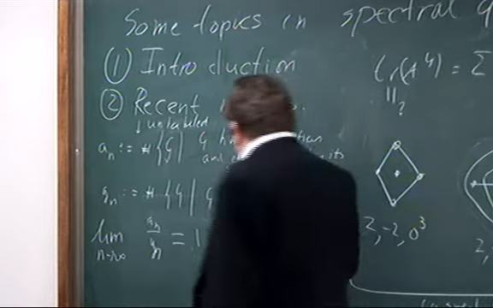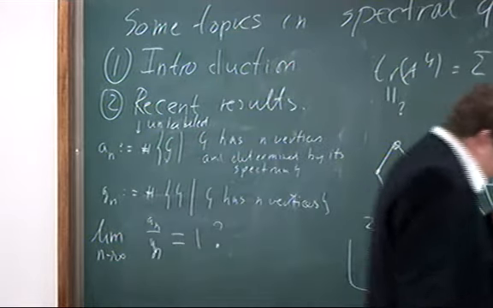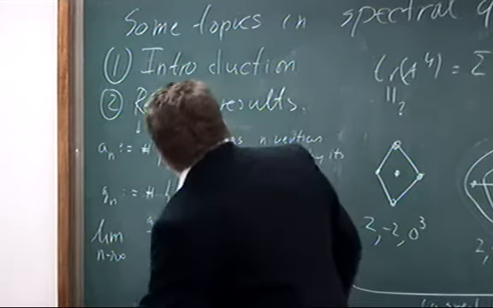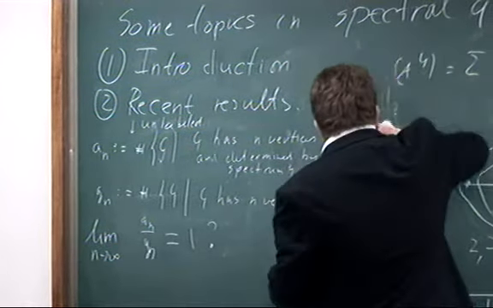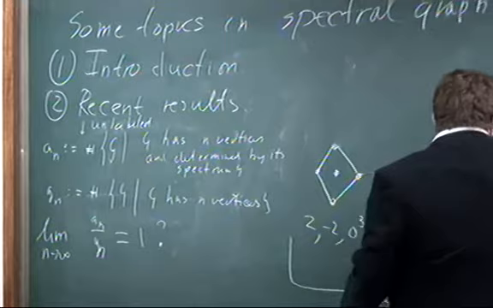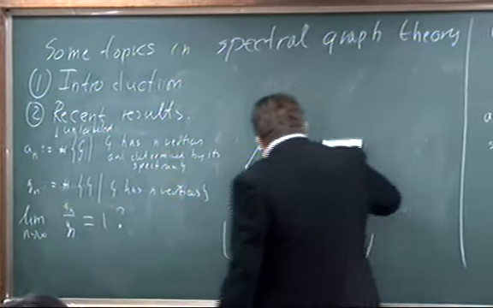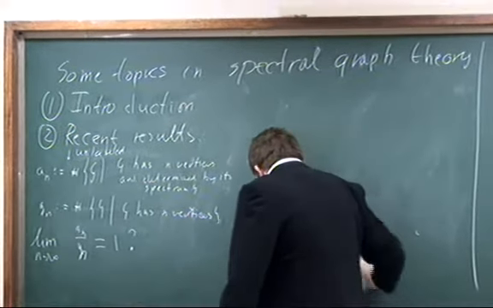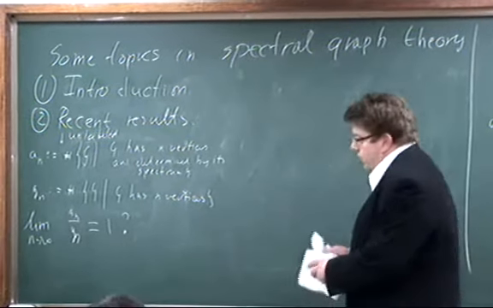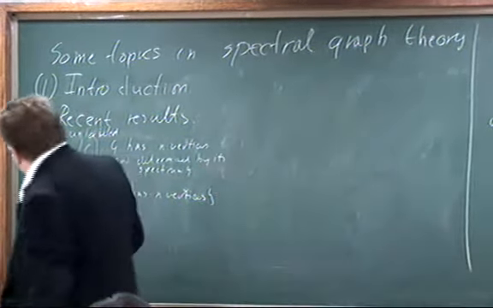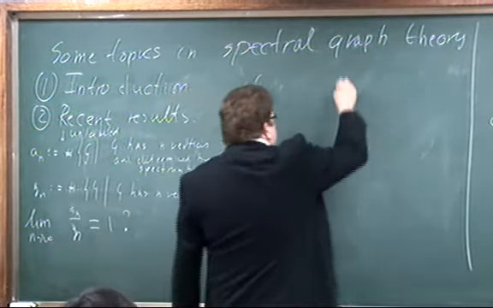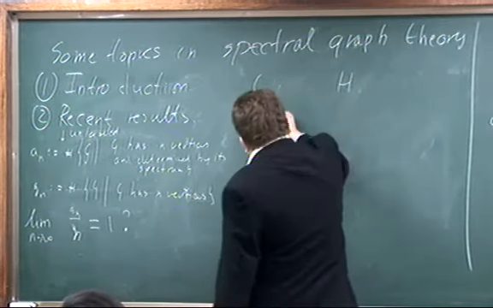But this is not such a stupid question as it sounds at first instance. Why is it interesting? The question is, if I have 2 graphs G and H, when are they isomorphic?